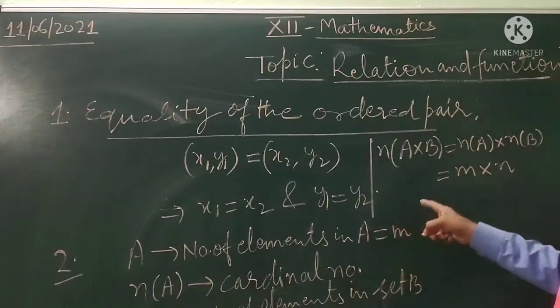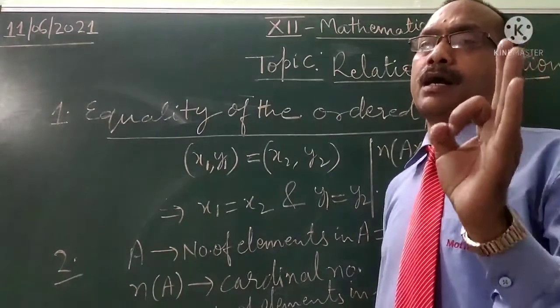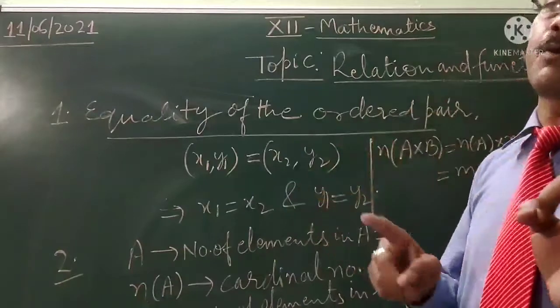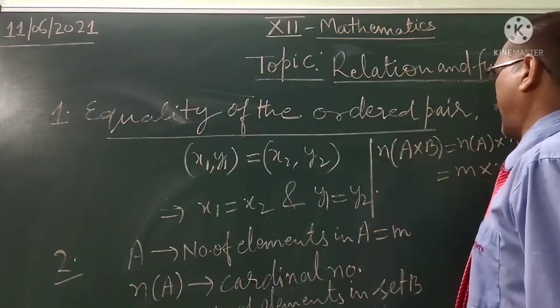The number of elements in the Cartesian product of A and B is m into n.